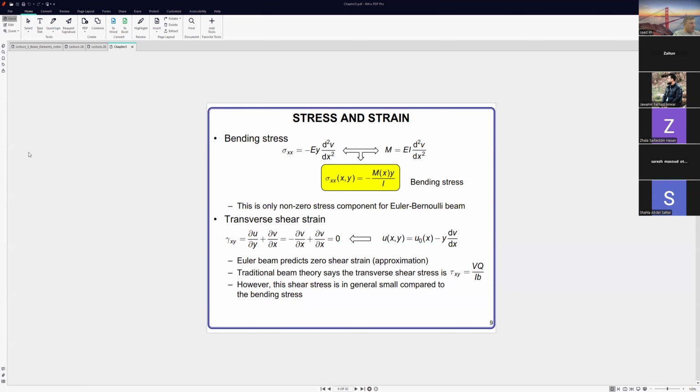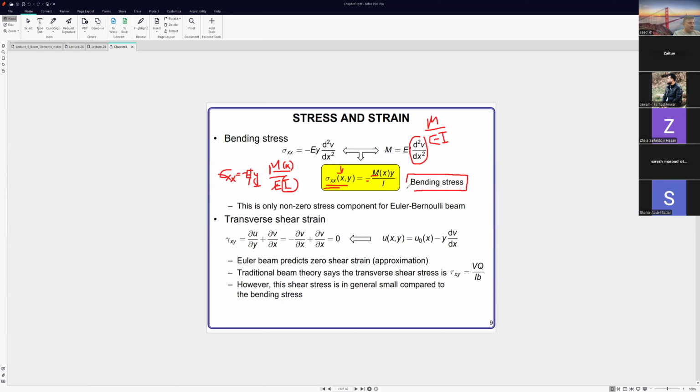Minus M(x) y over I. This is sigma xx, the variable with x and y.